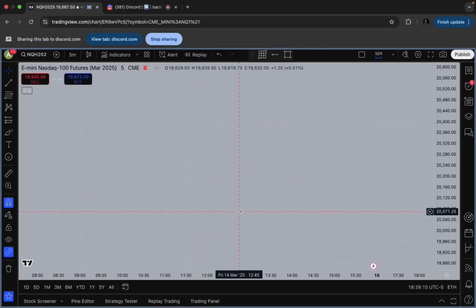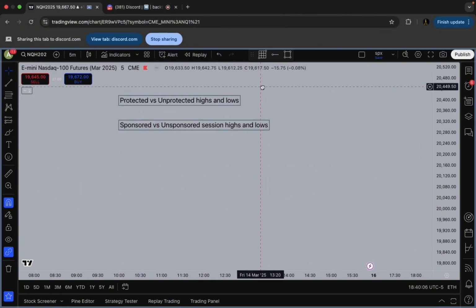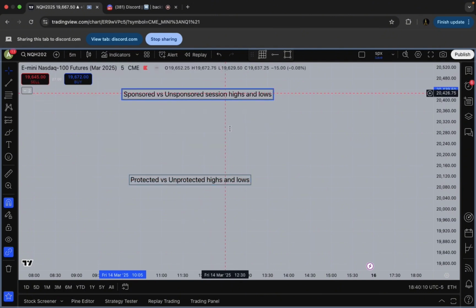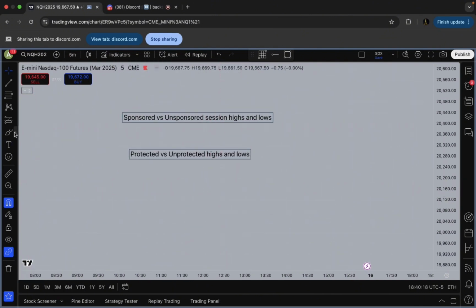Today I'm going to be going over sponsored and unsponsored highs and lows, as well as protected versus unprotected highs and lows. So, the first thing I want to get into is what is a protected versus an unprotected high or low. The first, most obvious, I'd say, protected high or low is a high that has an SMT.